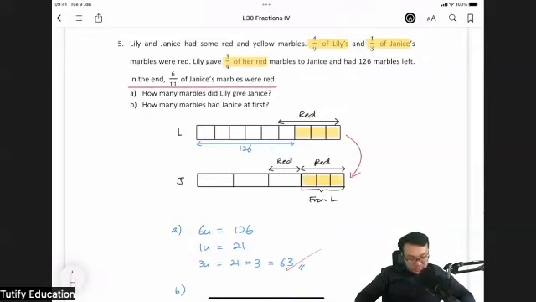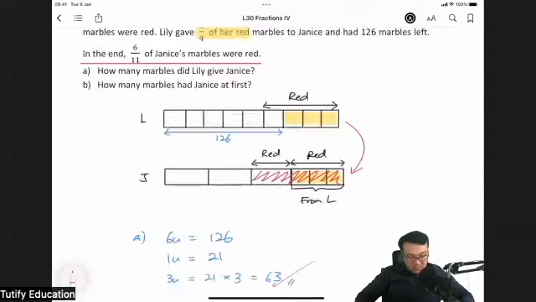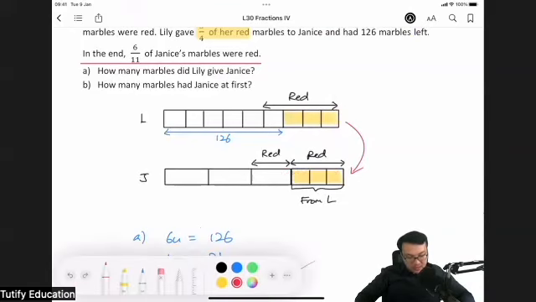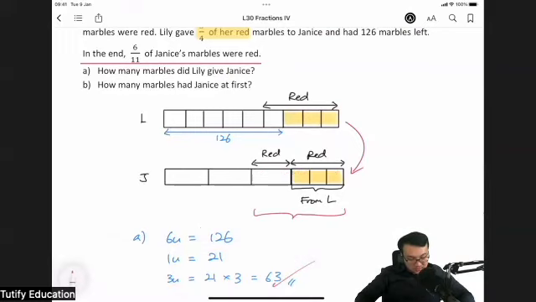So you look at Janice and you see that all these marbles are red, and all these red marbles are 6 out of 11 of Janice's marbles. So this is Janice, right?